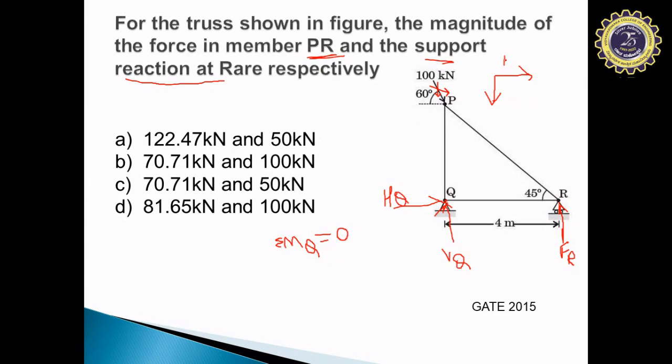This will be 100 into, now look at this, the angle 60 degree is made with respect to the horizontal axis. Yes or no? Now again, some people will have confusion about where to take cos theta and where to take sin theta. Whenever the angle is made with respect to the horizontal axis, then the cos component will go to the horizontal axis.